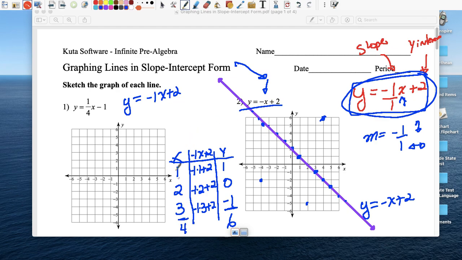It says when I plug in a 4, y should equal 6. So y equals negative 1 times 4 plus 2. Y equals negative 1 times 4 is negative 4 plus 2 is negative 2. When I plug in a 4, I should be getting a 6, but look what I get instead, a negative 2. So that point doesn't have that relation between the x and the y values.